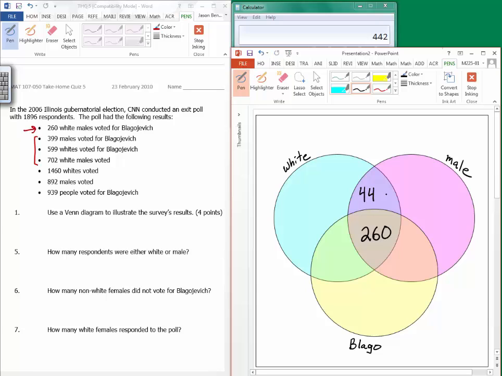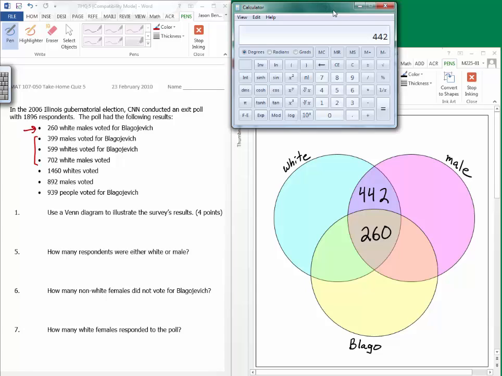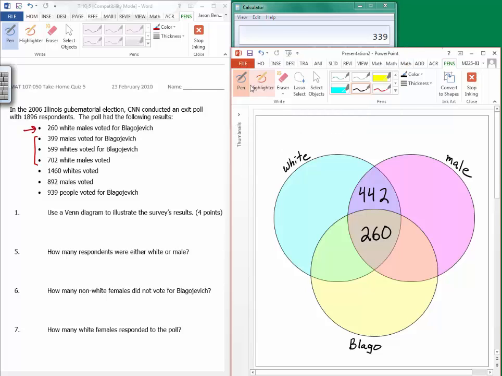4, 4, 2. Now 599 voted for Blagojevich and were white. So 599 minus 260, 339.